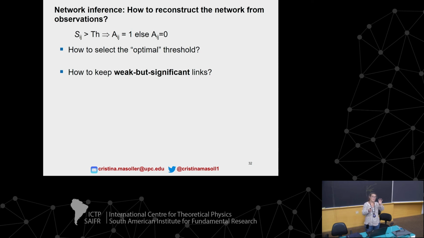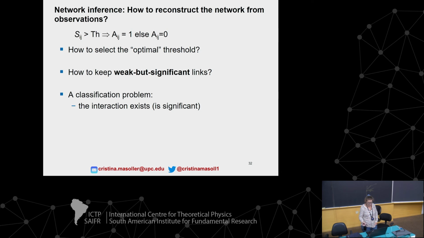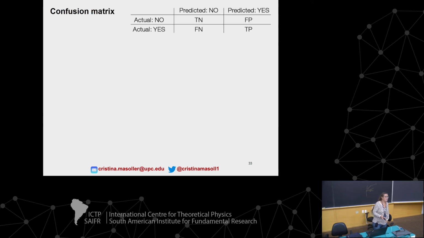You want to see other connections with regions that are far away. So it's important to keep these weak but significant links, and in the end, it's a classification problem. You have to find the optimal threshold that maximizes the detection of the links that exist and minimizes the mistakes. For that, you have to use something called the confusion matrix.